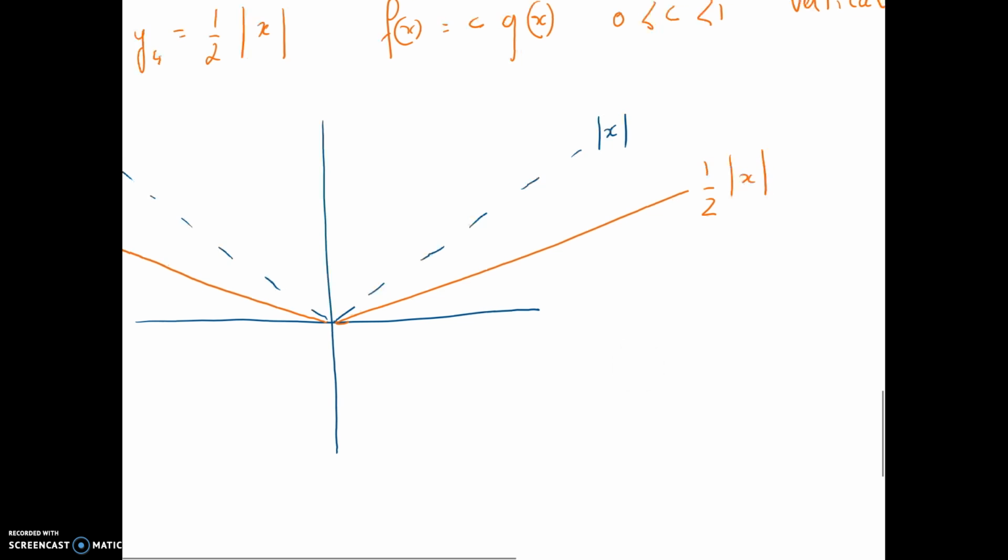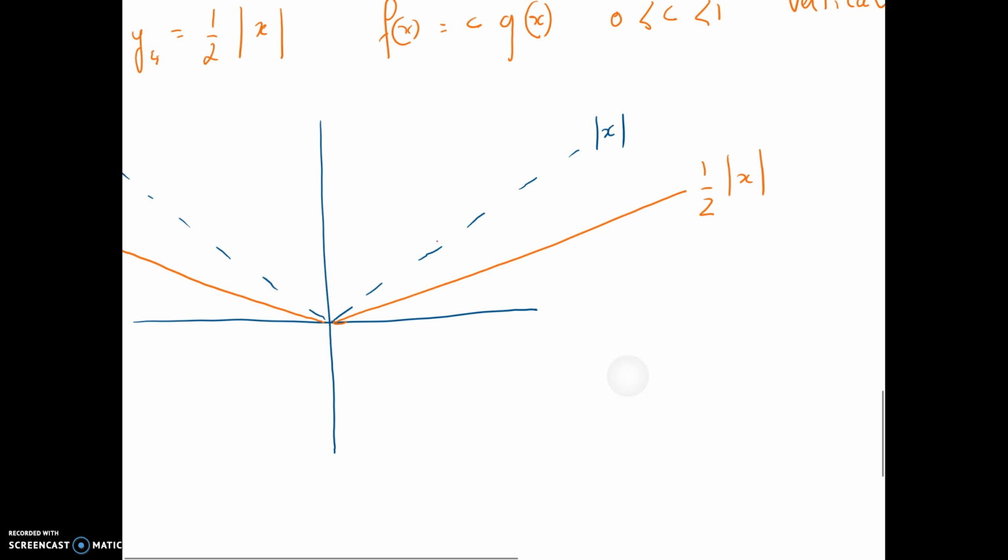If I take a look at the value and the coordinate of this point right here on absolute value of x, let's imagine that you are at x equal 4. Okay, and so you are at y equal 4. All right, it's not the same scale on the axis, but that's all right. Let's imagine that you have x equal 4, absolute value of 4 equal 4.